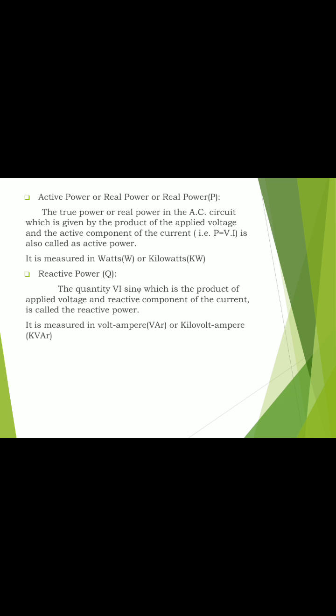It is measured in watts or kilowatts. Second term is reactive power. The quantity V I sin phi, which is the product of applied voltage and reactive component of the current, is called reactive power. It is measured in volt ampere reactive or kilovolt ampere reactive.